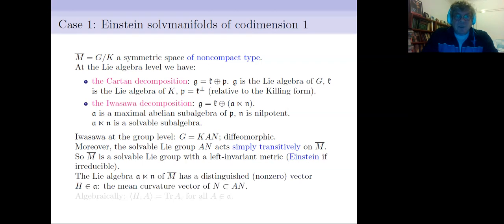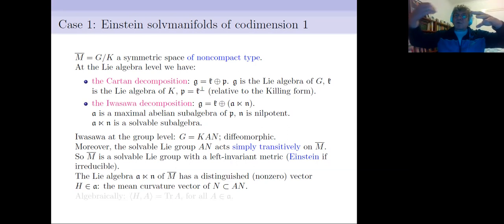Well, first of all, this Lie algebra, A semi-direct with n, has a distinguished vector, and that vector lies in A, and this is the mean curvature of the subgroup n, right? So you have your AN, this is your Riemannian manifold, your metric solvable manifold.